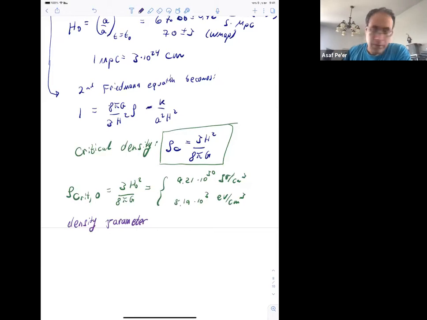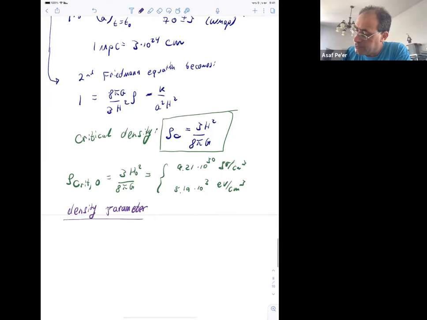It's called omega, and it is the ratio of the energy density as we measure it to the critical density. So it's 8 pi G over 3H squared rho, or just rho over rho critical. We just normalize the energy density that we're measuring.